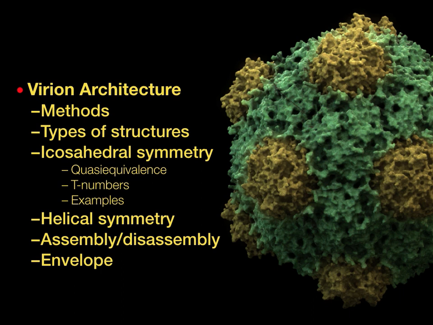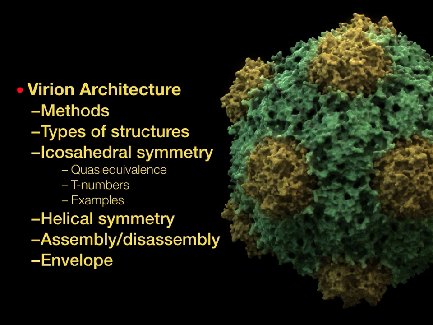In this lecture today, we're going to see the methods that we use to study virus morphology, the types of structures that we can find in the viral world. We're going to see what we understand by icosahedral symmetry, and this is where things are going to get more complicated.